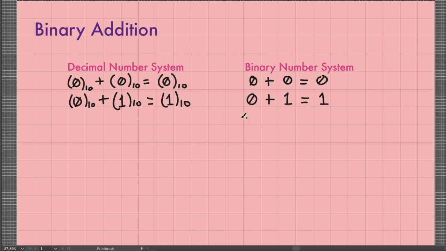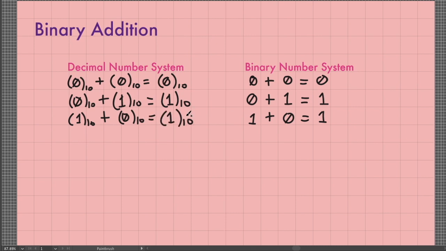How about bit 1 plus bit 0? Based on OR operation, 1 plus 0 has a sum of 1 with a carry of 0. In decimal number system, decimal 1 plus decimal 0 is equal to decimal 1.